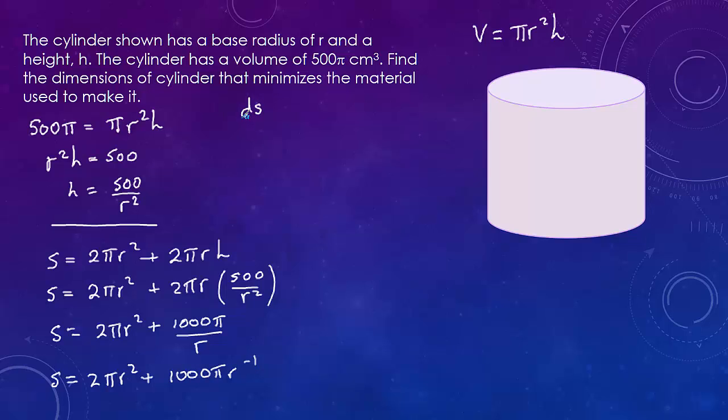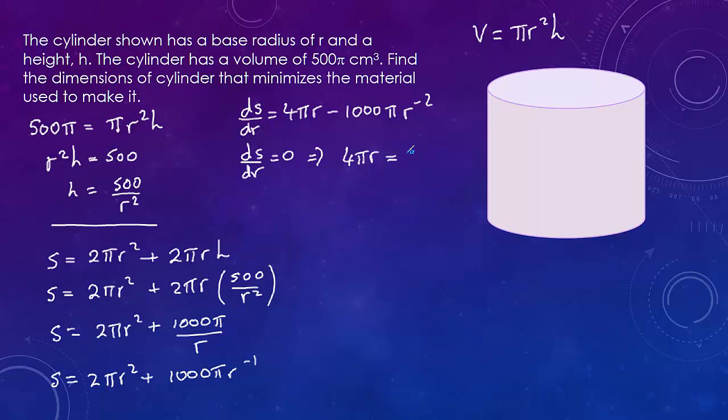So dS/dr is going to be 4 pi r, take away 1000 pi r to the negative 2. And we need that to be equal to 0. So that would mean that 4 pi r minus 1000 pi r to the negative 2 would be equal to 0.